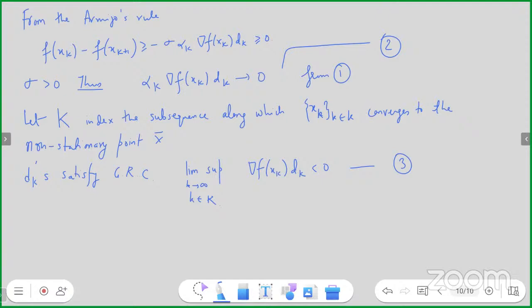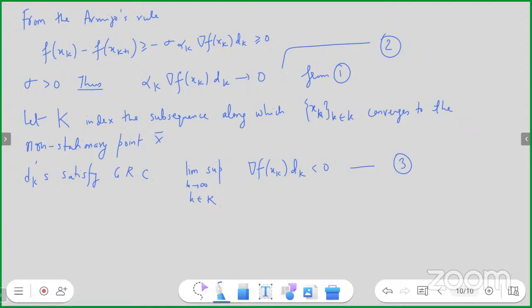What's the handle we have for ourselves now to come up with a contradiction argument? So remember, we want to prove a contradiction that because the limit point is not stationary, something has to go wrong eventually. In between, what we have created for ourselves is that the sequence alpha k of your algorithm, which is chosen according to Armijo's rule, is converging to 0.